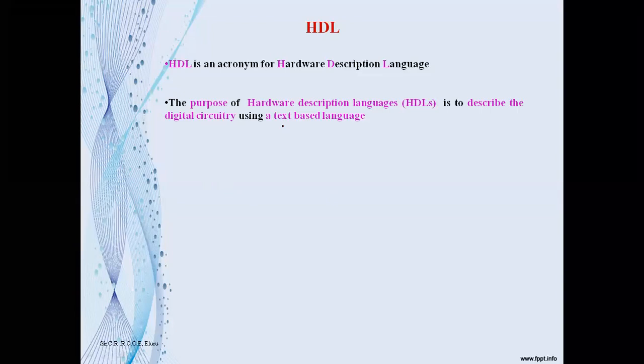Some programming languages use graphical representations. One example is LabVIEW, where we use a graphical representation language to design systems. Here, the hardware description language, HDL, is a text-based programming language.